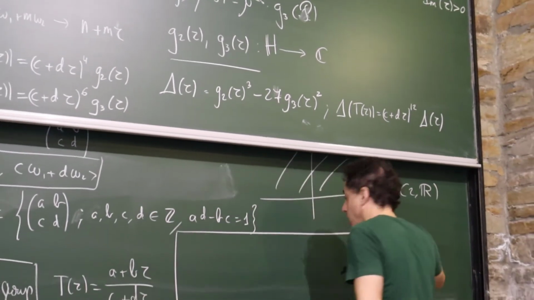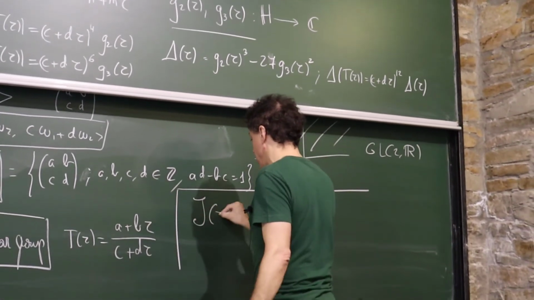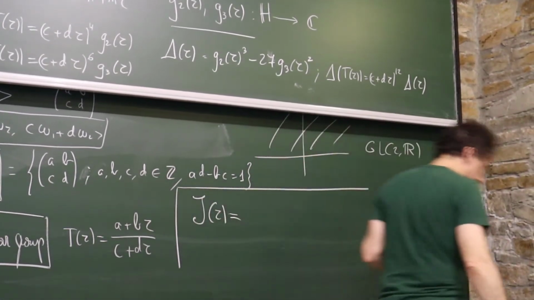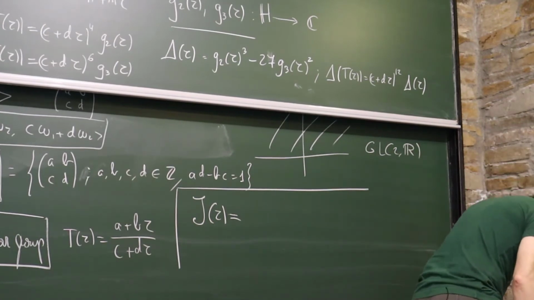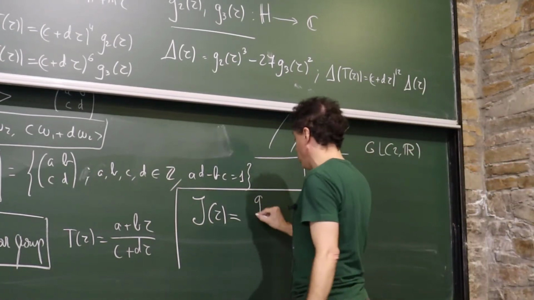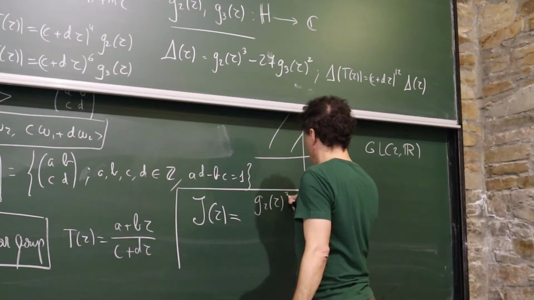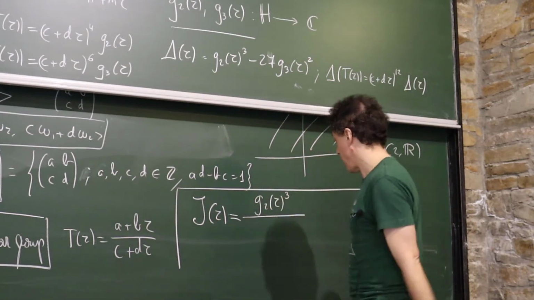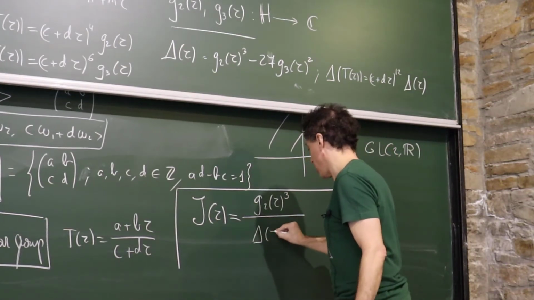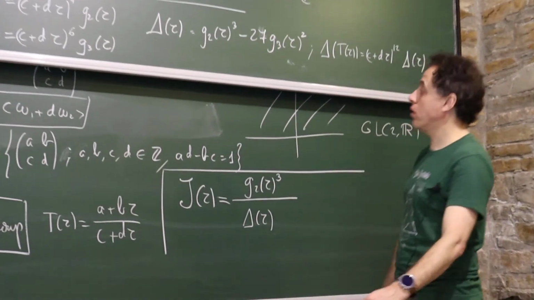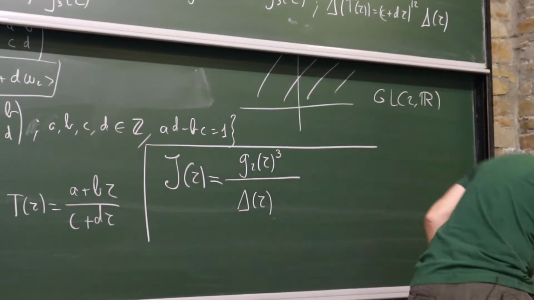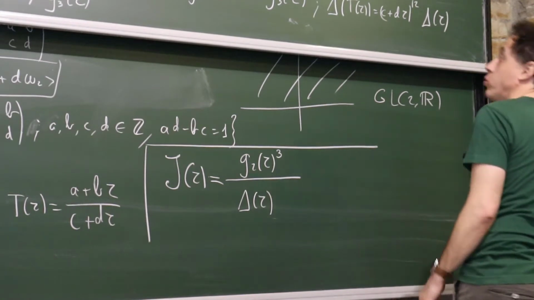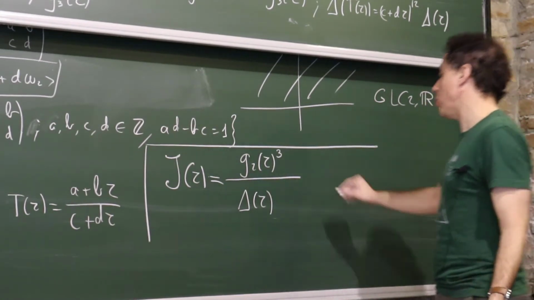I wrote it here, the J function. The J function is going to be defined, and we are going to see what the interest of this function is, in terms of G2 and G3.